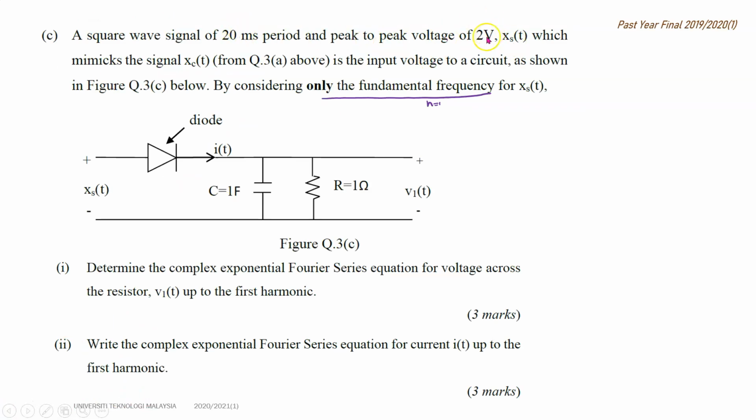Peak-to-peak means from the negative amplitude to the positive amplitude is 2 volts, so the amplitude is actually 1 volt. If we are talking about the sine wave, this is the peak-to-peak value. So the x naught here is only 1 volt, basically the same as xct.